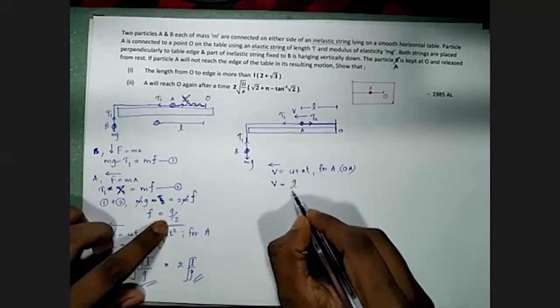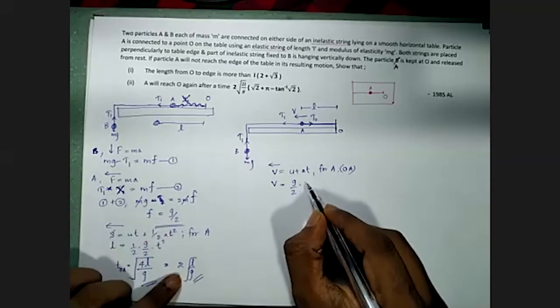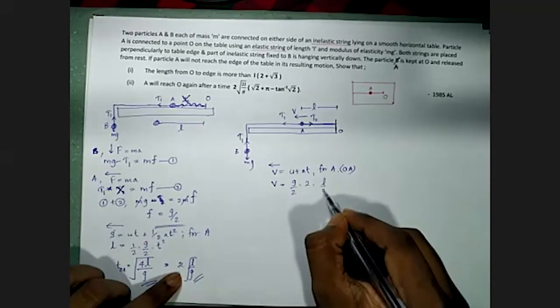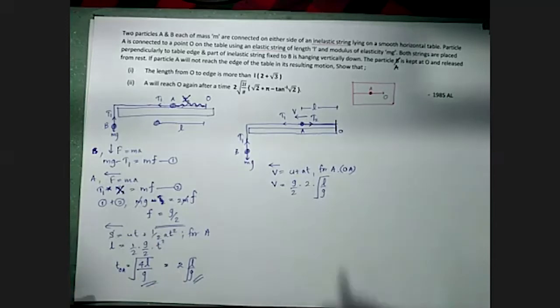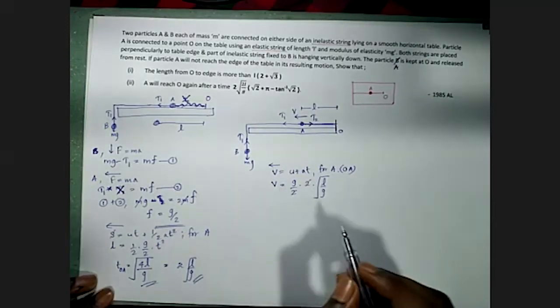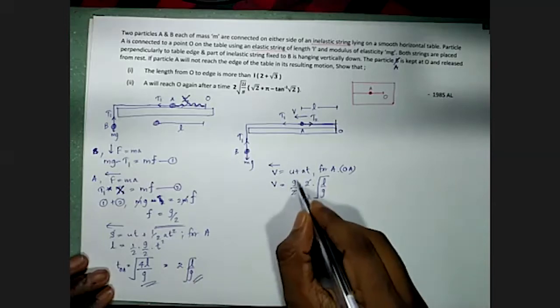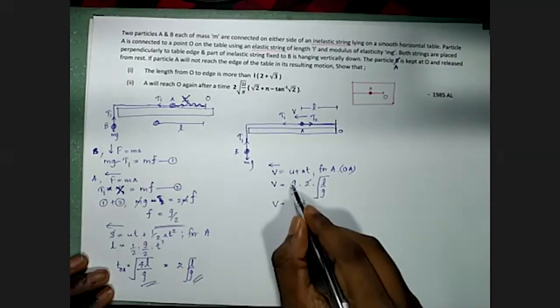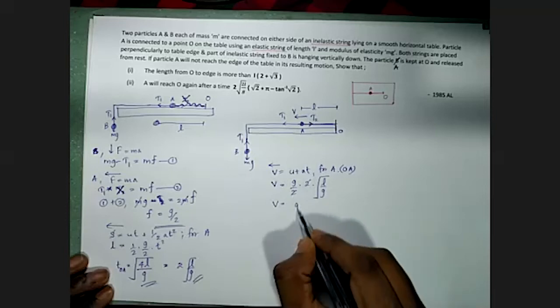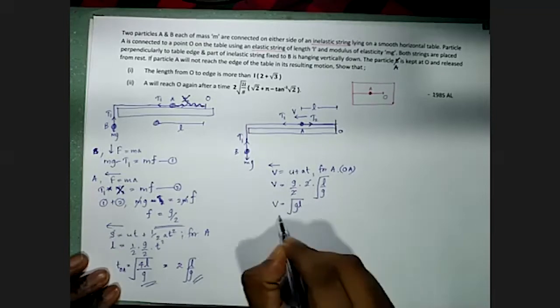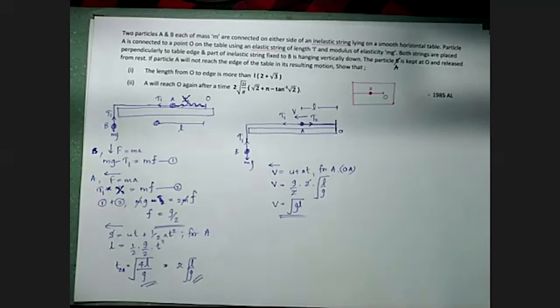Acceleration was g over 2. Time, what is the time? 2 times square root L over g. Then 2 get cancelled. We can cancel g also. Here we have root g. Normally g is square root g into square root g. Then the simplification is square root gL. That is the velocity.